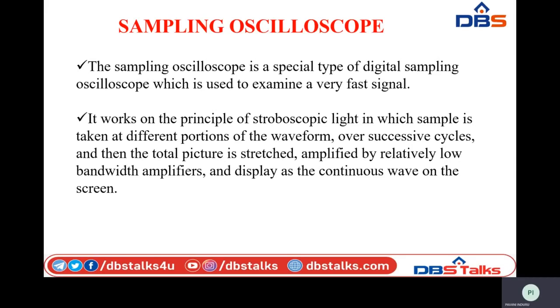That means whenever the input signal is applied to the sampling oscilloscope, it is going to sample the signal, and it is stretched over the time period, then amplified relatively, so its bandwidth is modified and improved, and after that it is going to be reconstructed once again on the screen.